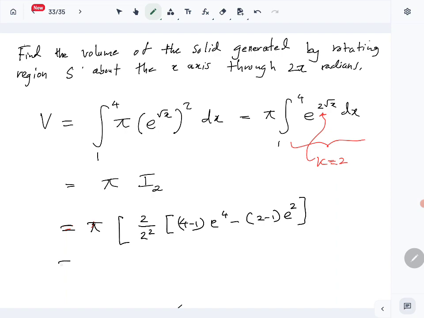So simplify this, pi over 2 times 3 e to the 4 minus e squared. So that is the required volume, right? So that is the answer for question number 15 part C.